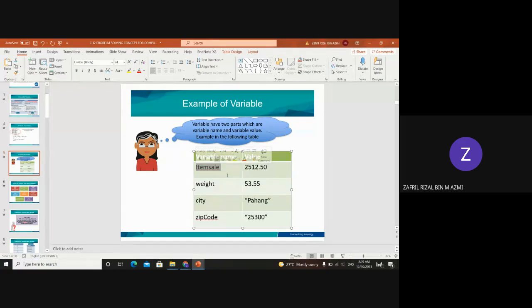Compared to this one, S: what does it say? Although it fulfils all the rules, no space, no operator, it is still wrong because it doesn't give any meaning. When a reader reads your program, they don't know what this variable holds.